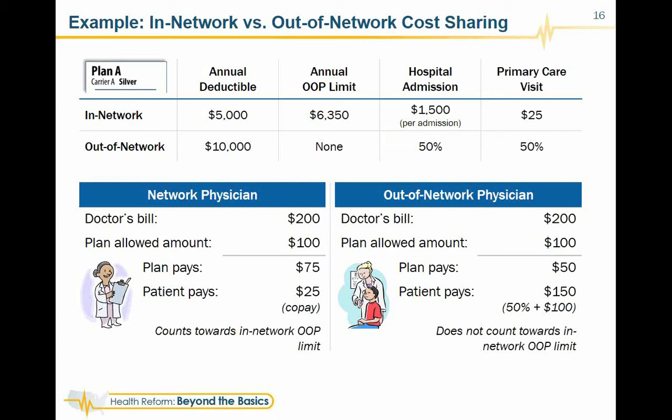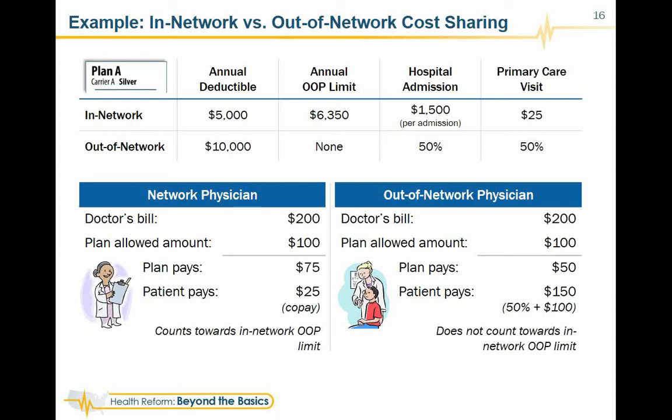If instead the person goes to an out-of-network doctor and that doctor also charges $200 for the visit, the plan allowed amount is still $100, but in this case it's an out-of-network doctor that hasn't agreed to accept the plan's $100 allowed amount. They charge higher. They charge the whole $200. So in this case, the plan is paying 50% of the cost of this visit, which is what the out-of-network cost sharing is that they've agreed to.